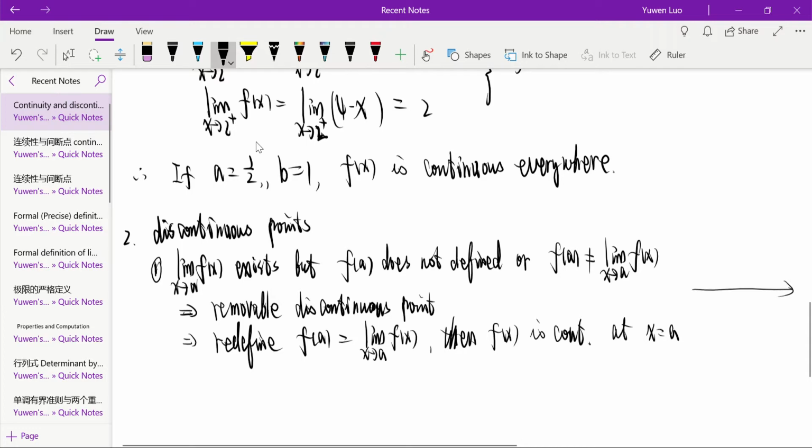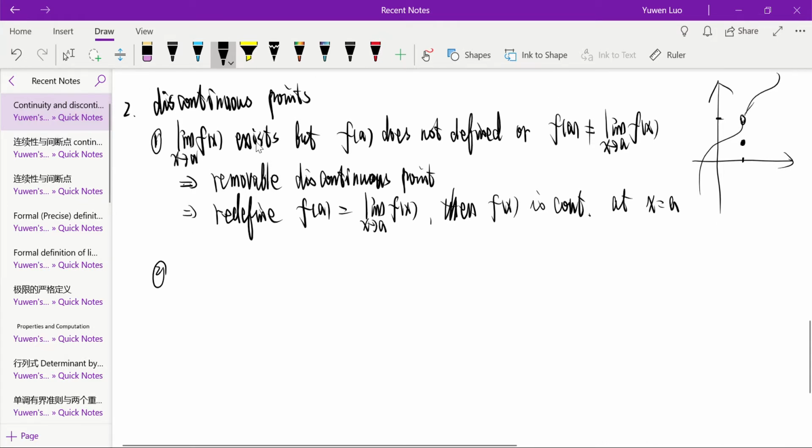By the graph, it should be like this. That's the removable. At this point, f(x) is not defined, or is defined but at another position. If we redefine f(a) equals the limit at this point, then it's continuous.